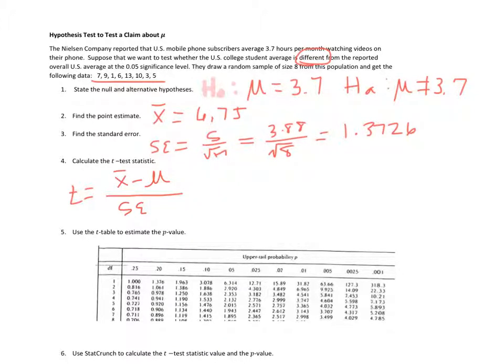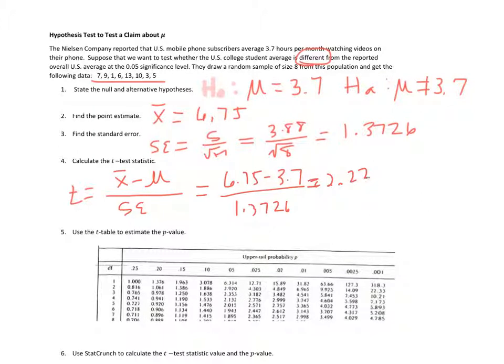Let's see what we get. X bar is 6.75 minus 3.7 divided by 1.3726. Turns out you get 2.22.